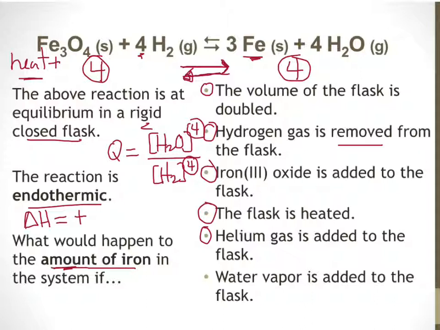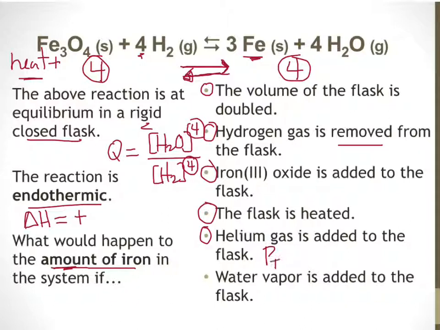Helium is a noble gas, so it's not going to react with anything in the container. Adding some helium to the flask will cause the total pressure to increase. However, it has no effect on any of the pressures that are already there. That's because of Dalton's law.